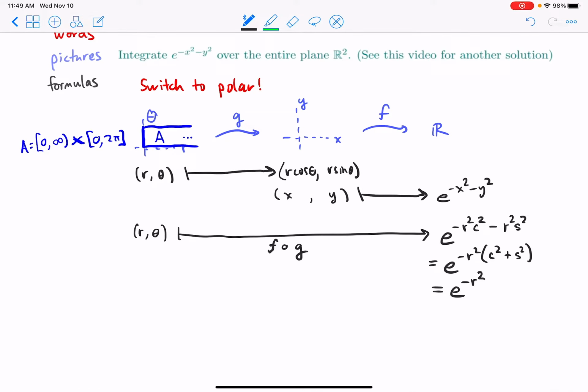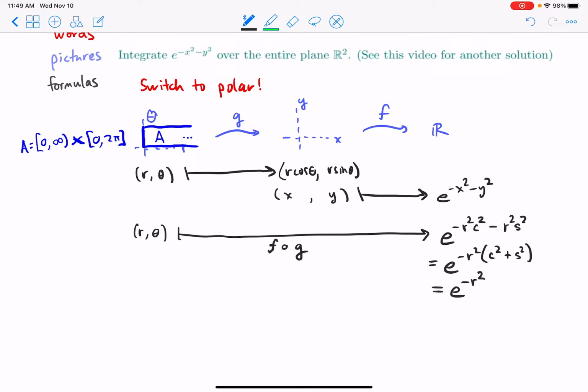And so what we're going to see is that this integral here, which is the integral over the entire xy plane of the function f, will be much easier as an integral here, where we're integrating this function over this rectangle. So integral over A of f after g.